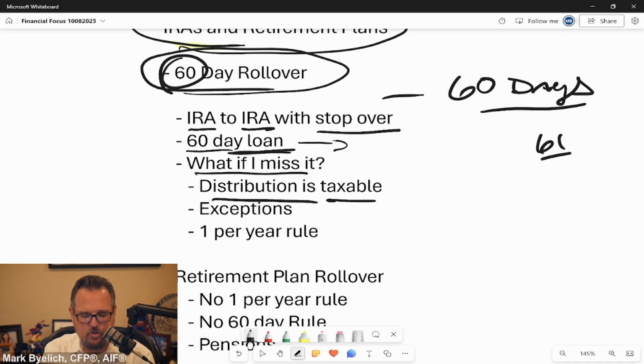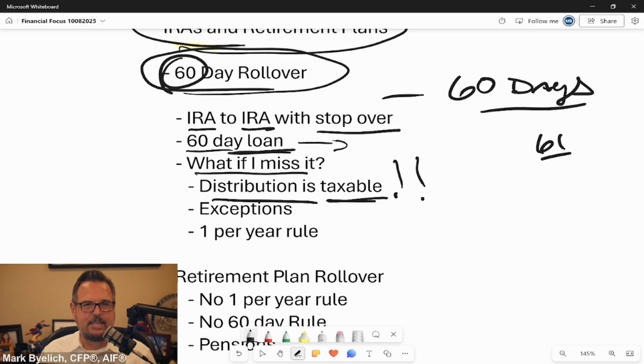Well, that distribution is taxable. So let's say, for example, I want to buy a new house and I have $300,000 in my IRA and I say, well, wait a minute, I can give myself some time. I can use this as a bridge loan, quote unquote bridge loan. I can buy that house for $300,000 and then I can wait until I'm selling my house, or my mortgage will be together by then, or whatever the situation may be. And I'm going to put that money back into my IRA.